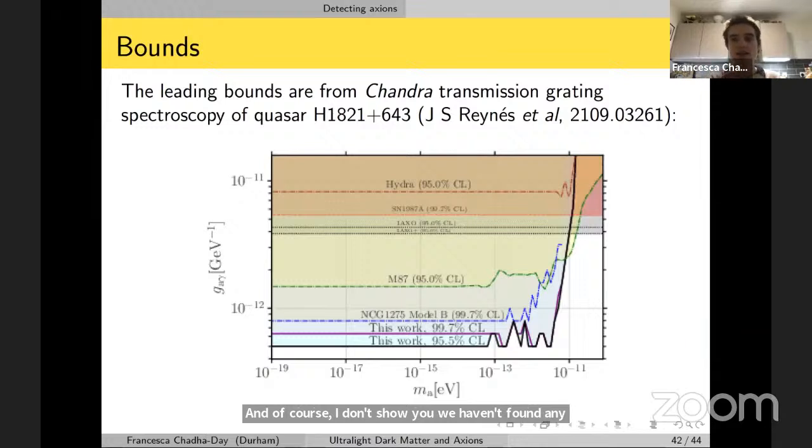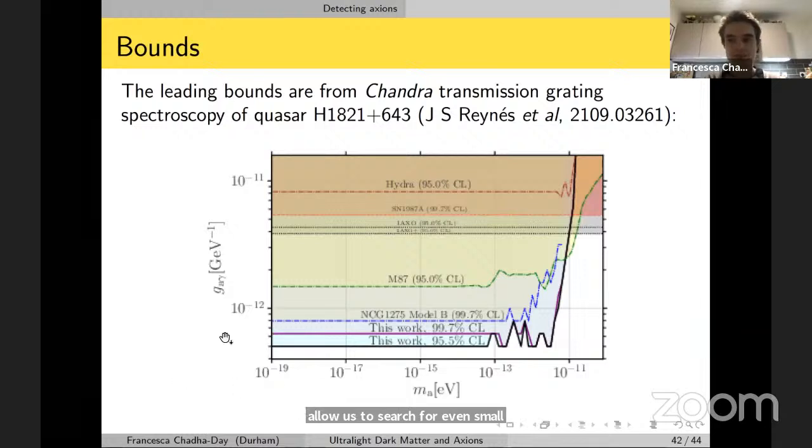And this method actually works whether or not axions are the dark matter. We haven't used anything about the axion dark matter that might be in the galaxy cluster. It's just about the existence of the axion particle. These bands with the Chandra X-ray telescope, and actually future X-ray telescopes such as Athena, will allow us to search for even smaller axion photon couplings.